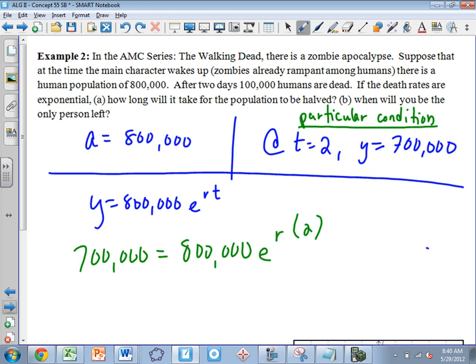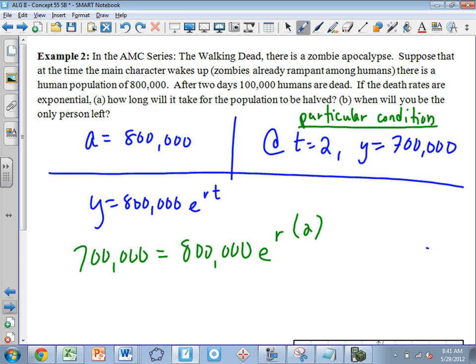If you're sick and the doctor says, what's the patient's condition? It means what's their status. How are they doing? Are they alive? Are they dead? Are they in a coma? Do they have a fever? That's the person's condition. So this is the condition of the population of humans after 2 days. This is a particular condition, the condition at a particular time. That's why it's called particular.